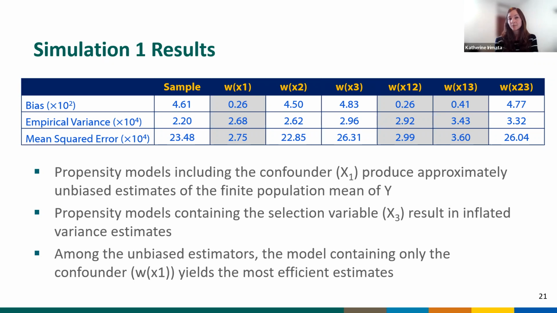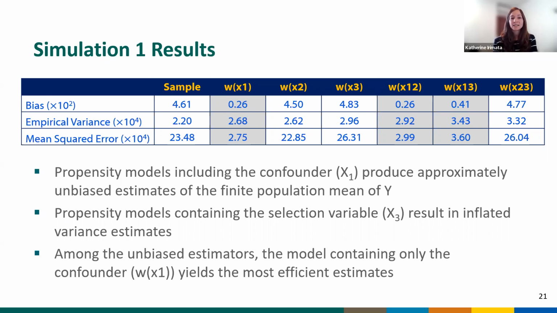After we used a propensity score adjustment and included that confounder variable, the variable that's related to both the outcome and to selection into our web sample, the bias is nearly eliminated. It's very, very small. On the other hand, if we look at the columns that aren't highlighted, when we used a propensity score adjustment that only included predictor variables or selection variables, the bias really wasn't reduced.